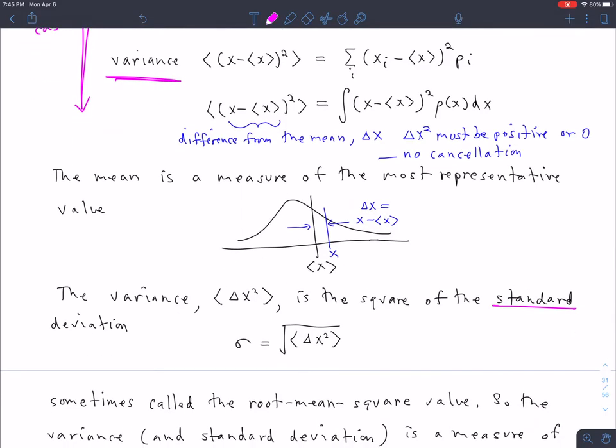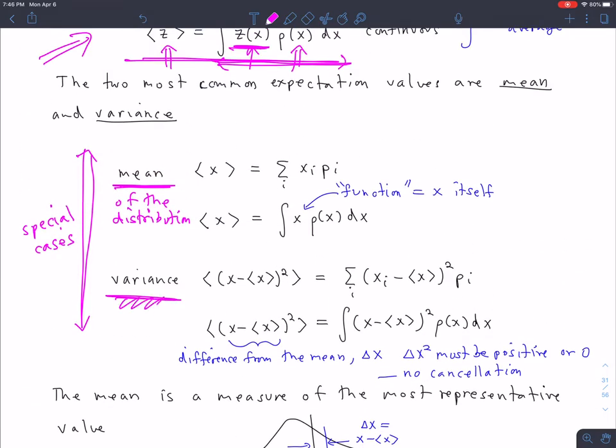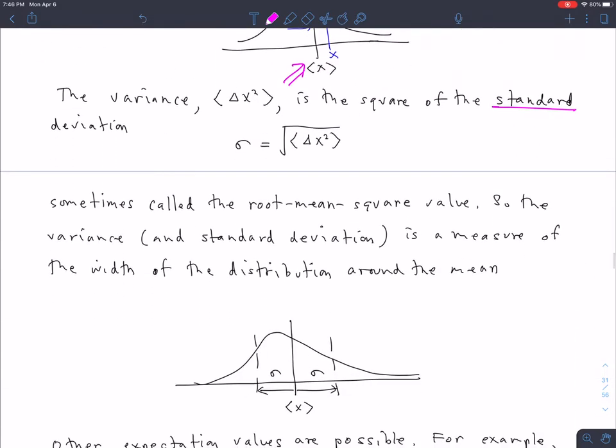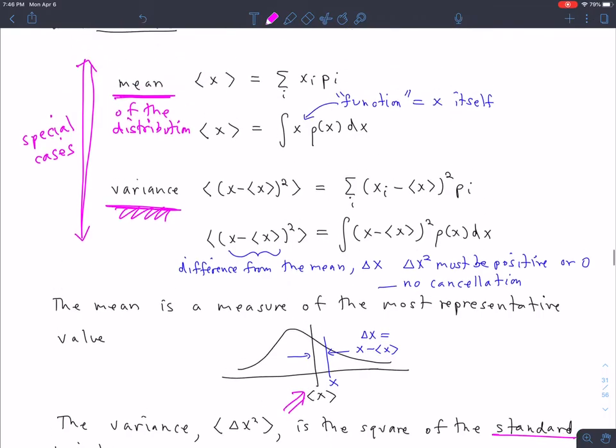It's some measure of the center of the distribution, or a representative value of the distribution. And the variance is some measure of the width of the distribution. So this is sigma squared is the variance, and sigma is the standard deviation. So that's why these guys are important.